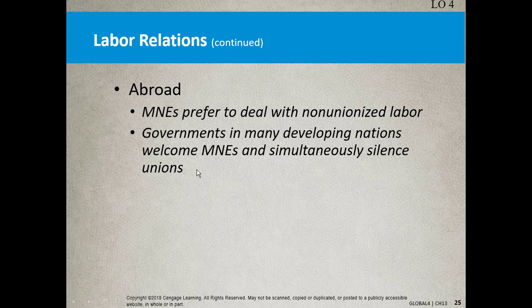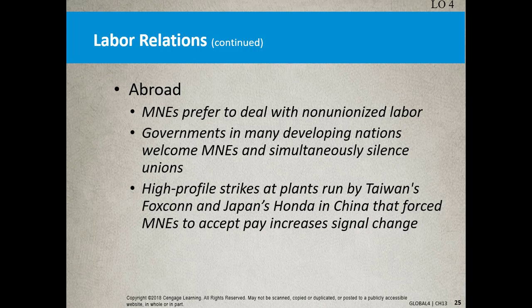That happens in Mexico, where the AFL-CIO back in the 90s contacted the Mexican government, requested permission to recruit members in Mexico, and that request was flatly rejected. High-profile strikes at plants run by Foxconn, Japan's Honda, and China forced MNEs to accept pay increases, which signals some change there.